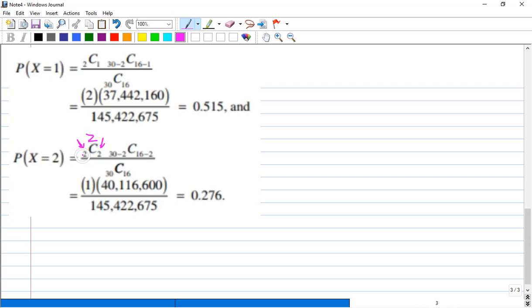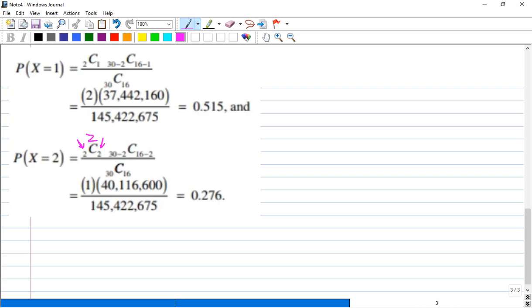The left number always has to be greater than or equal to. If you start doing these calculations and you get a smaller number on the left than the right, it's not going to work out. You're just not going to get the right answer.